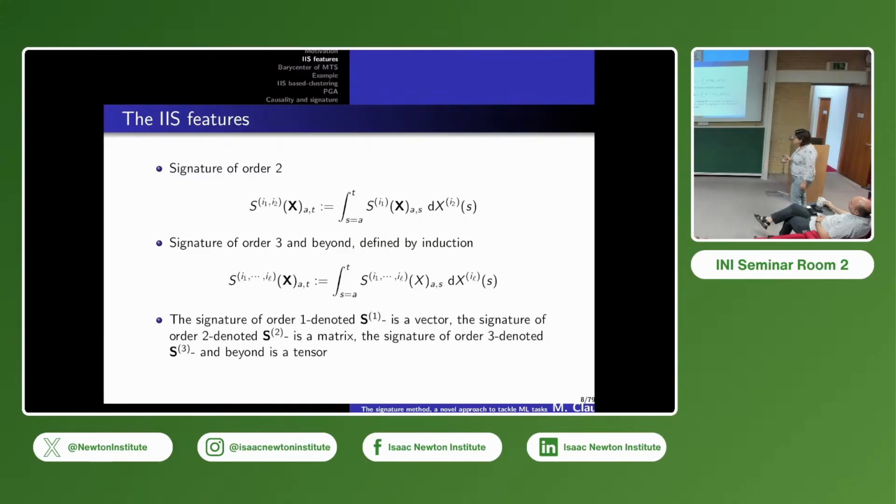In fact, the higher the order you consider, the more information you have about your multivariate time series, like moments or like cumulants. So just to give you an example, I will detail the signature of order 2, so that you understand what it can encode.